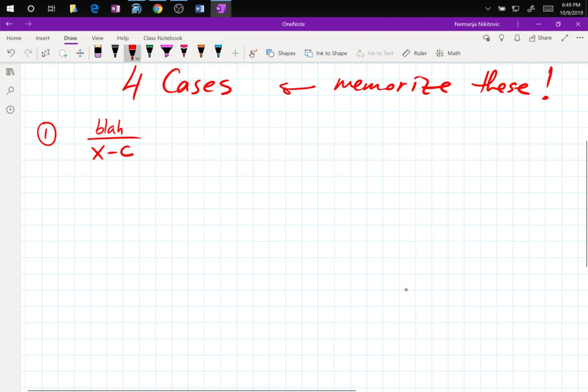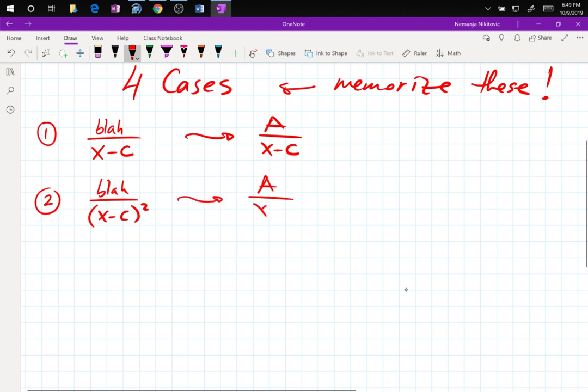So if the denominator is a linear term, it could just be x, could be x minus 2, x plus 6, your setup is going to be A over x minus c. If you have a repeated linear term, which means it's squared, your setup is A over x minus c plus B over (x minus c) squared.